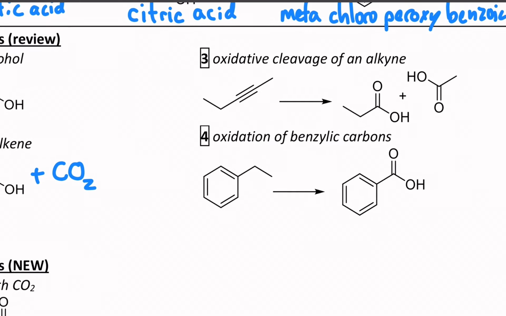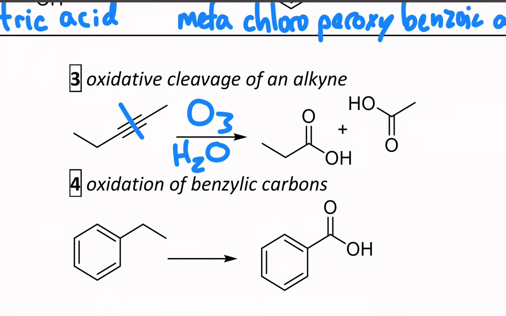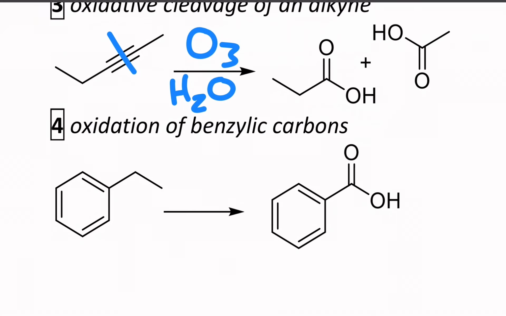What about cleavage of an alkyne? Cleavage of an alkyne, we learned ozonolysis in the presence of something like water. Every carbon in the ozonolysis of an alkyne becomes a carboxylic acid. That's different from ozonolysis of alkenes, which gives you aldehydes and ketones. Alkynes give you carboxylic acids. The last one is very specific for benzylic carbons.